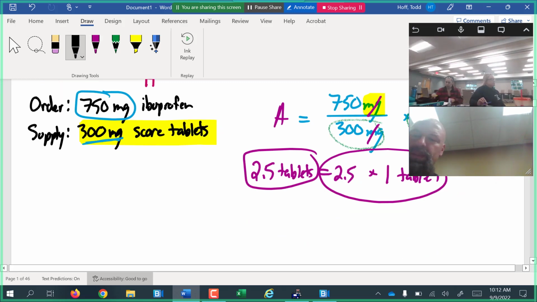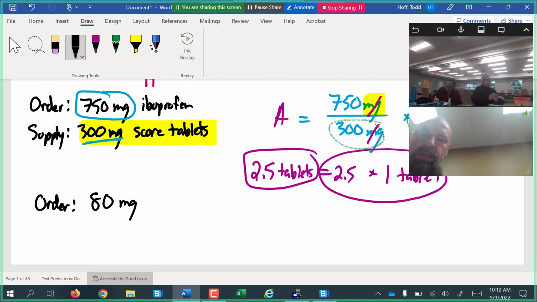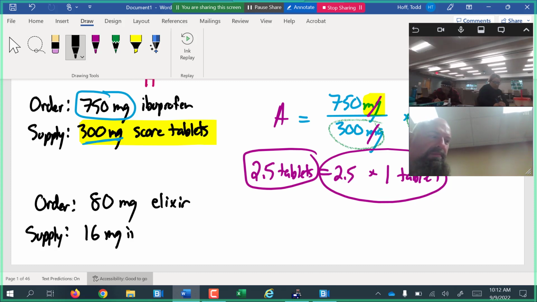I might have an order for 80 milligrams of an elixir. And my supply might say on the label that it is constituted at 16 milligrams in 5 milliliters of solution.